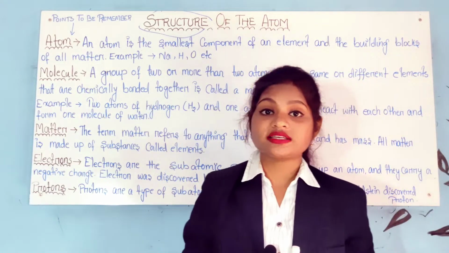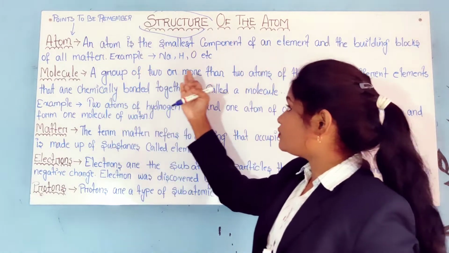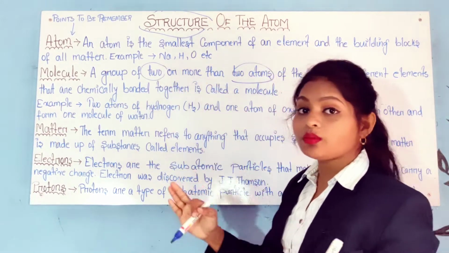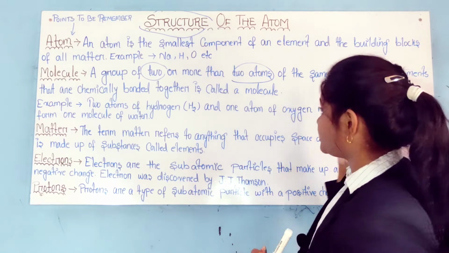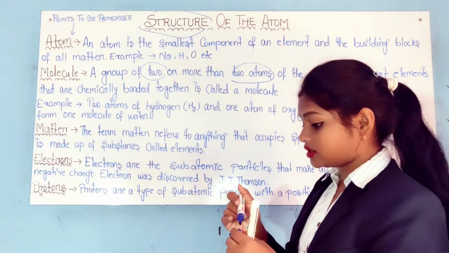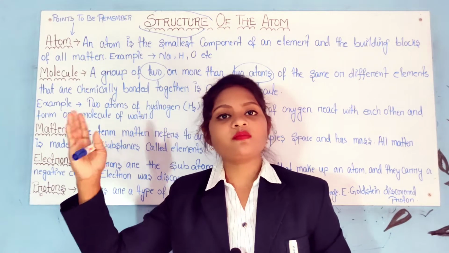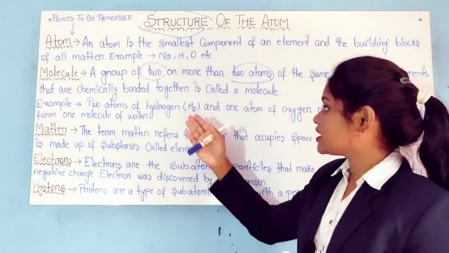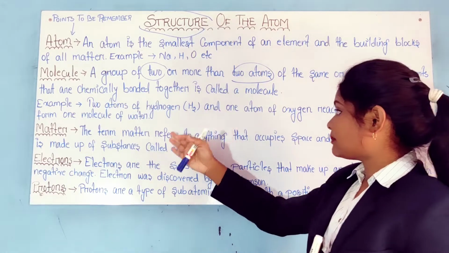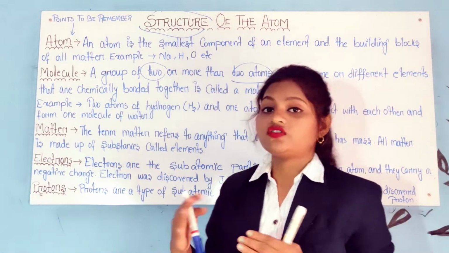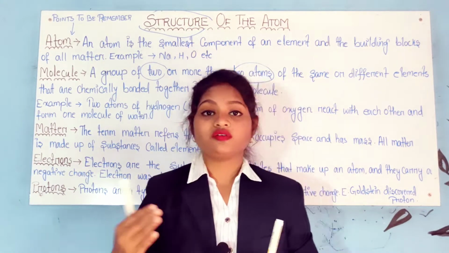A molecule is a group of two or more atoms of the same or different elements, chemically bonded together. So atoms combine and form a molecule. Here also I have given an example: two atoms of hydrogen and one atom of oxygen form water, H2O.